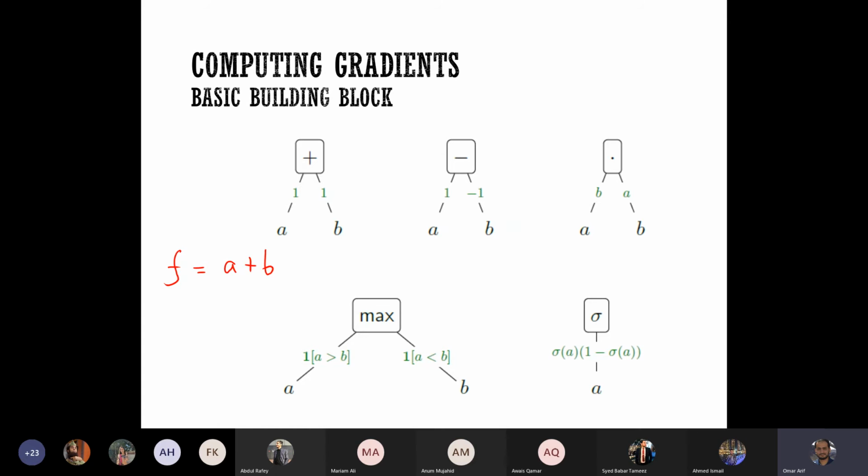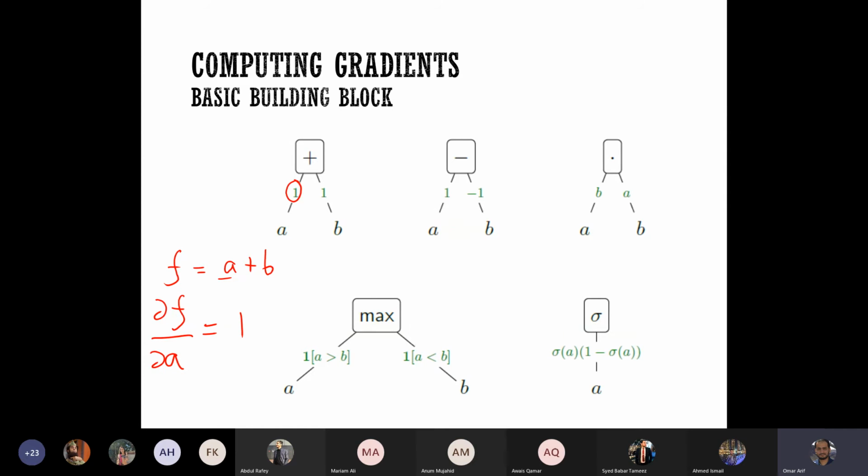So what is the rate of change of f with respect to the first input? This is the first input, a. The rate of change of f with respect to a is 1. So I write 1 on the edge here.